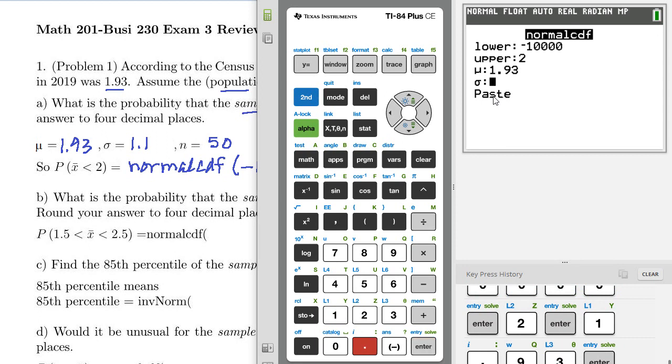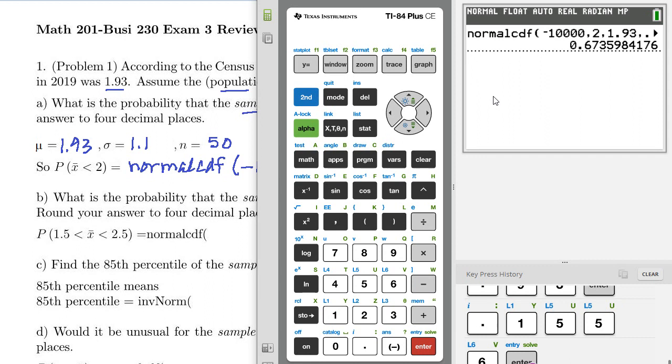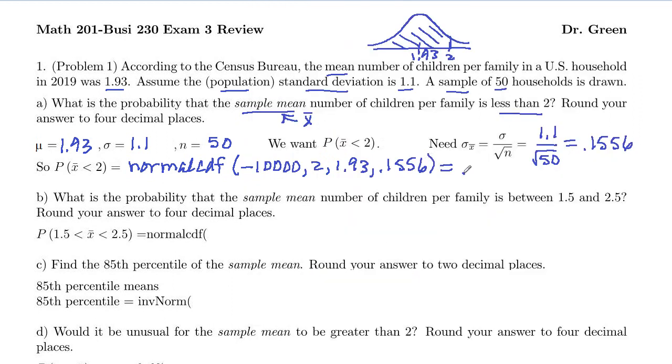And our standard deviation, 0.1556. Paste it, 0.6736. So about a 67% chance that the mean of a sample of 50 would be less than 2.